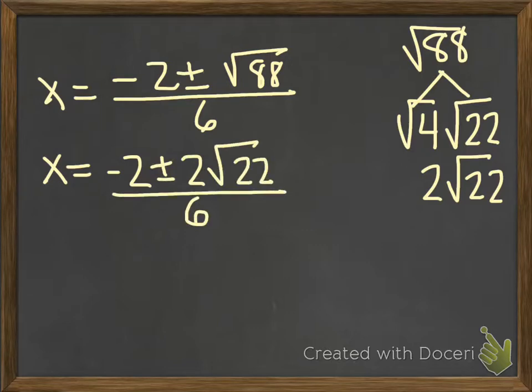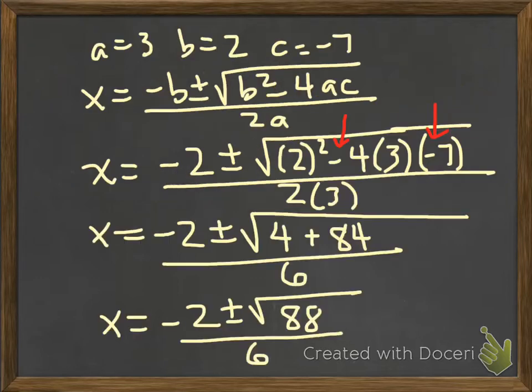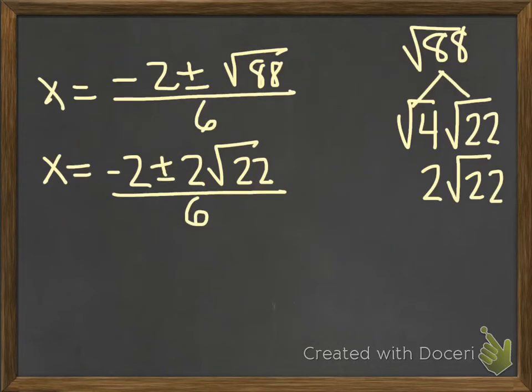Okay, now what you're going to do is, let me just go back. Alright, we're going to reduce this. We're going to look at the outside numbers, not the radical, because you can't do anything with that. Is there a number that goes into 2, 2, and 6?